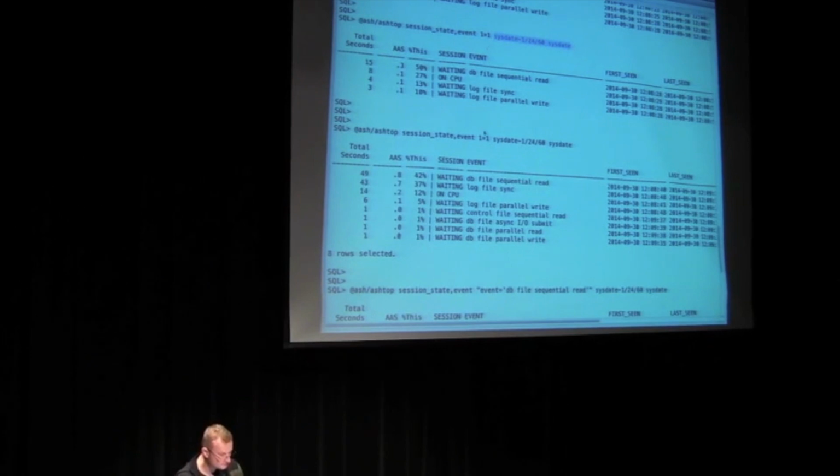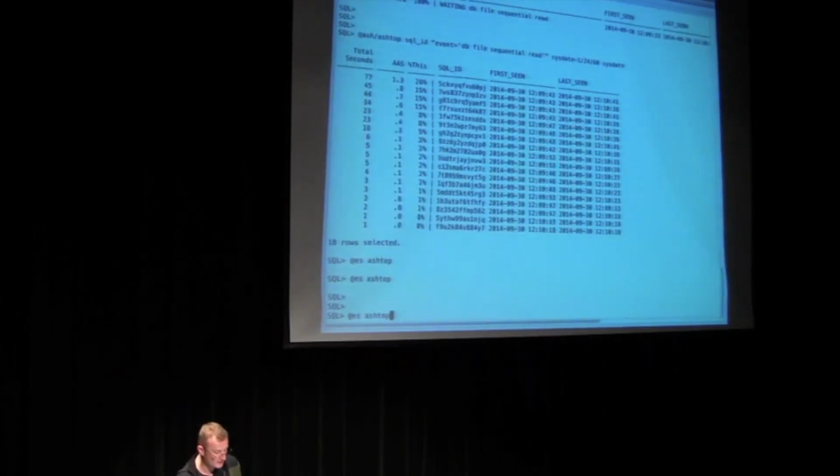But now, the moment I replace this second parameter, this will be put into the SQL text in the script. So now we have added this filter, right? Because I can do other stuff as well. I can say, like, or wait class is, I don't know, application, right? So I can add more complex conditions.